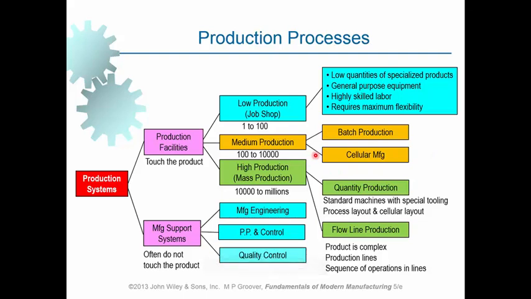Batch production is where groups, lots, or batches of materials or parts are processed together through the manufacturing operations. In batch production, all units in the batch are processed at the given station before the group proceeds to the next station.